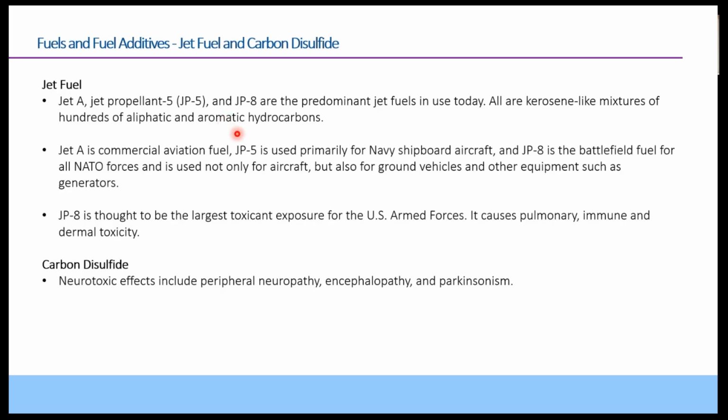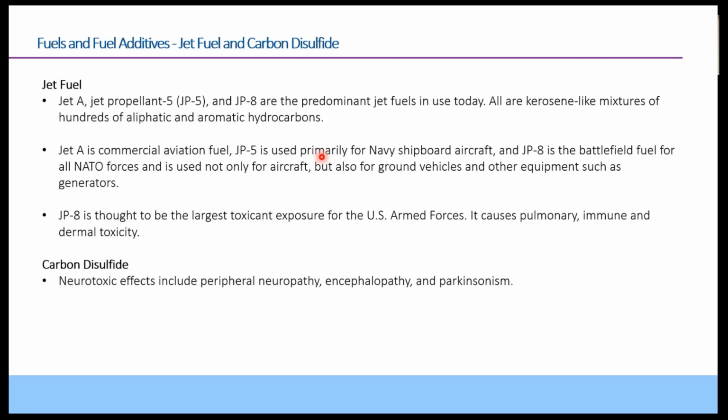So a little about jet fuels, because we don't read about these jet fuels in our daily life. So Jet A, Jet Propellant 5, and JP8. These are the predominant jet fuels in use today. All are kerosene-like mixtures of hundreds of aliphatic and aromatic hydrocarbons. Jet A is a commercial aviation fuel.